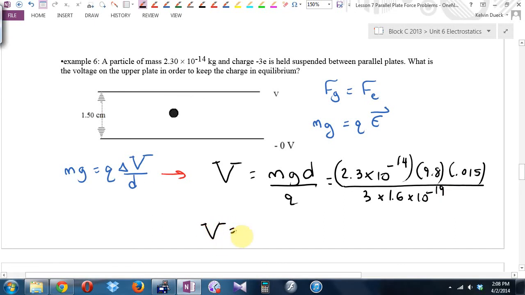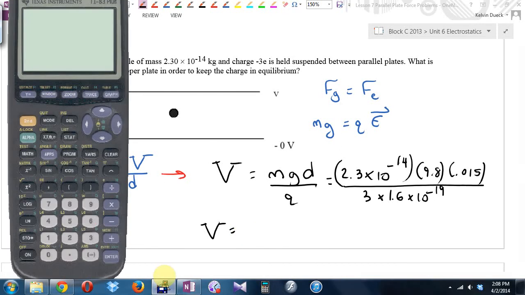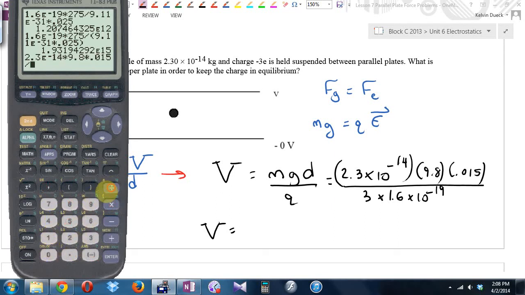What's the voltage required to pull this off? Whoop. Brackets, Mr. Dueck.